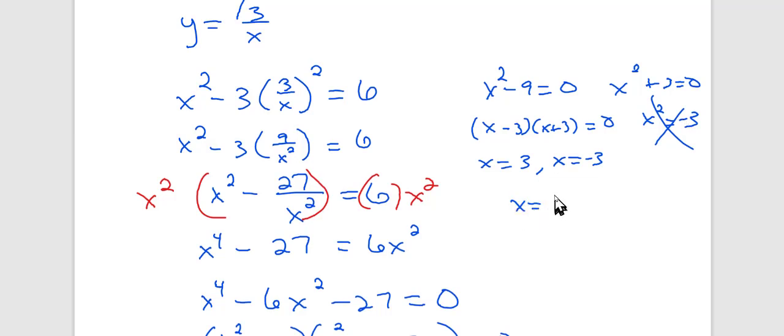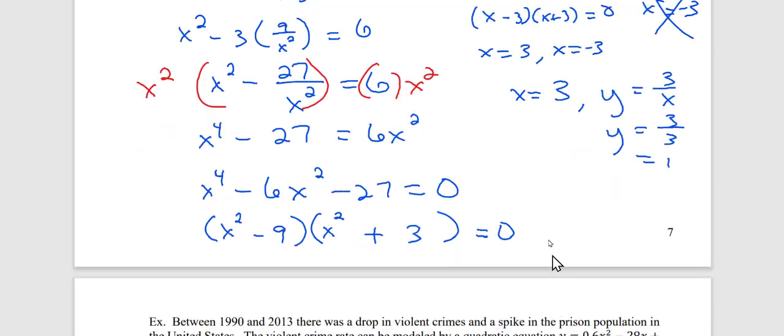When x equals 3, I think the best thing to do is use y equals 3 over x. So 3 over 3, or 1. And when x equals -3, I get y equals 3 over -3, which is -1.